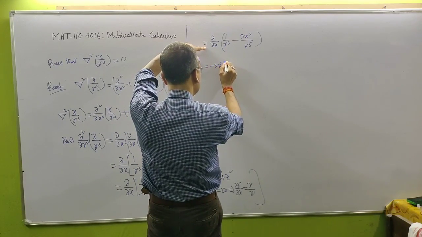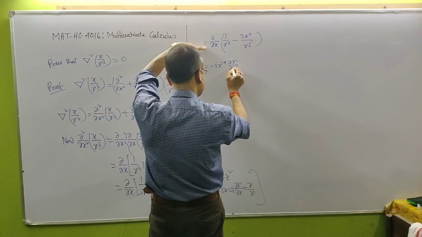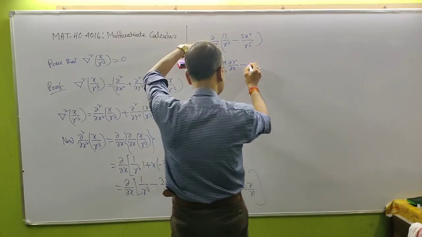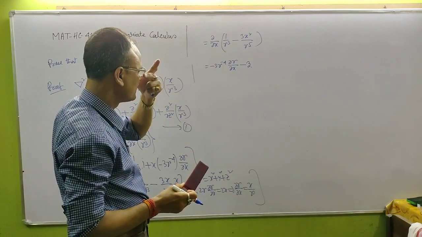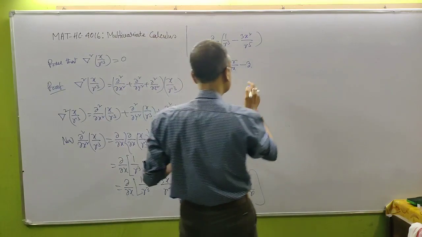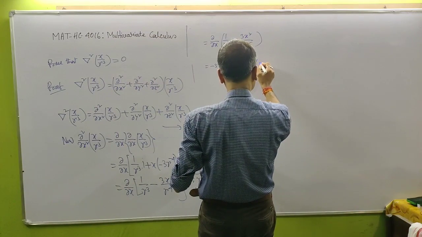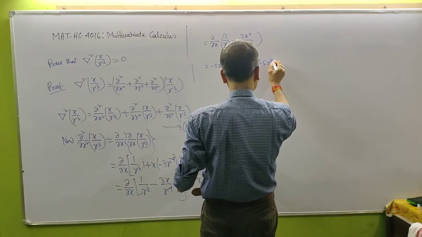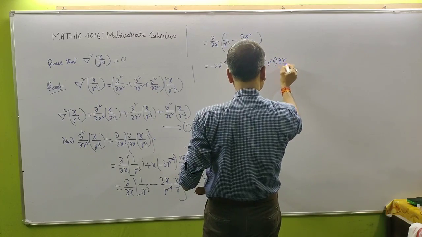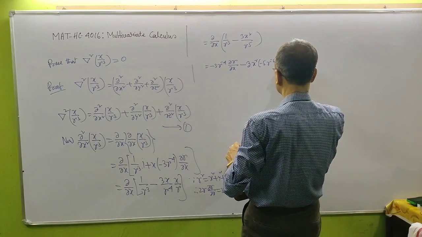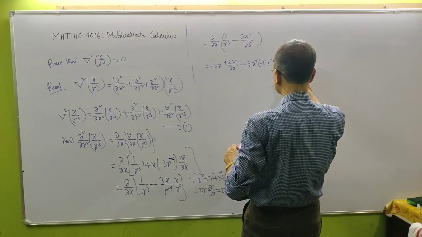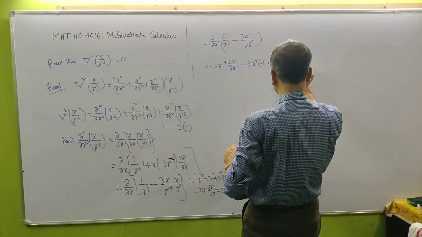Minus 3 r to the power minus 4 del r by del x, minus 3 x square into minus 5 r to the power minus 6 del r by del x, minus 3 by r to the power 5 into twice x.